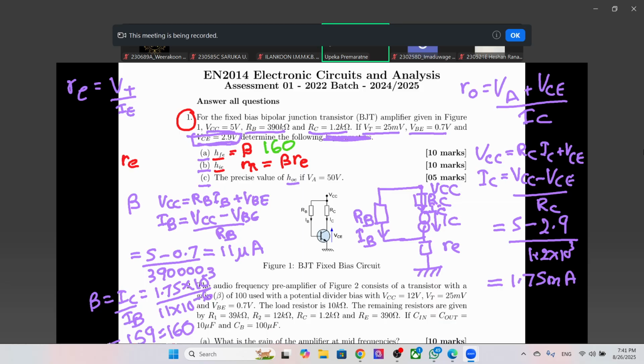Here we'll approximate it to VT divided by IC, which is 0.025 divided by 1.75 milliamperes.